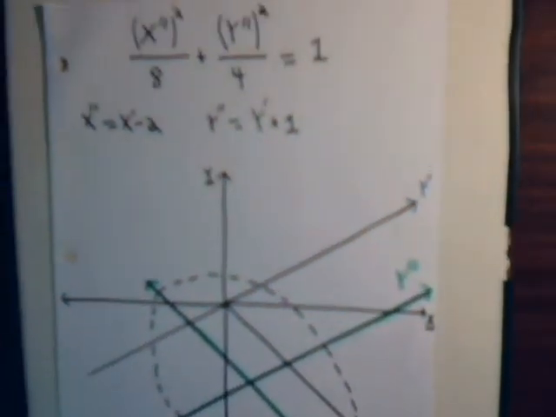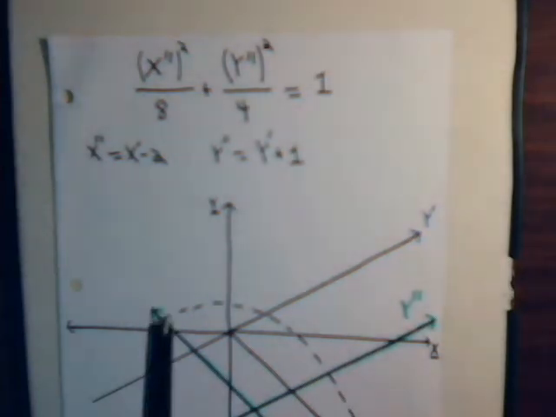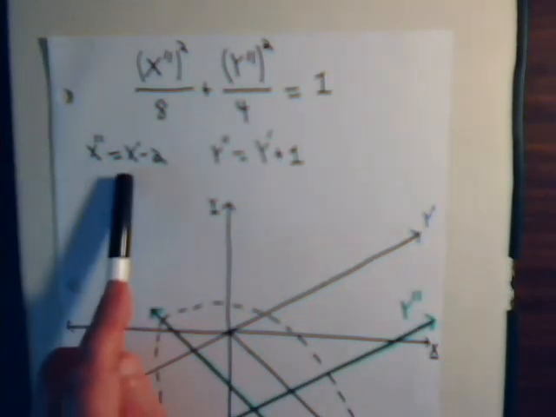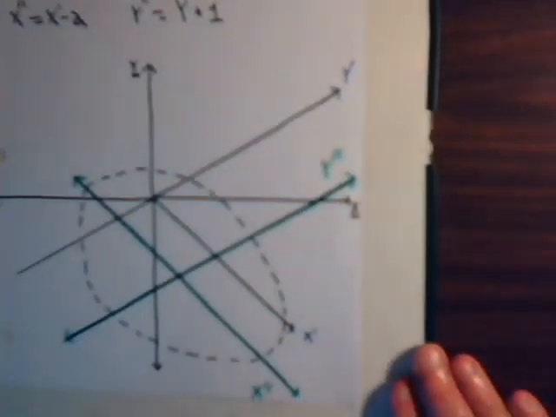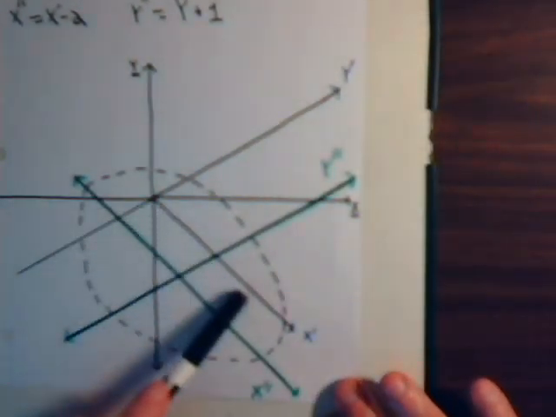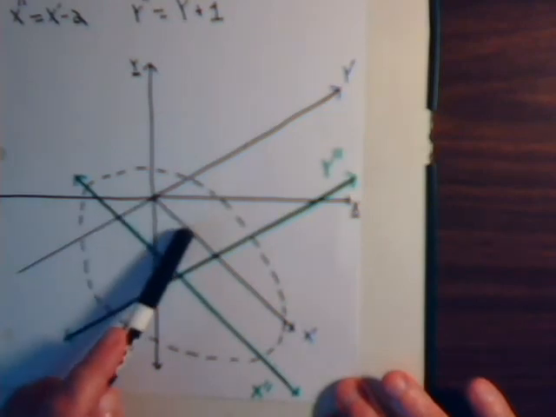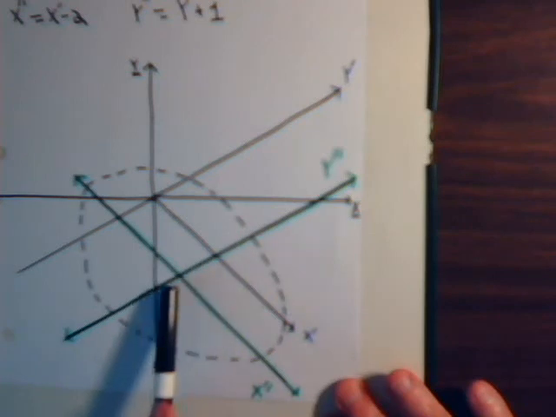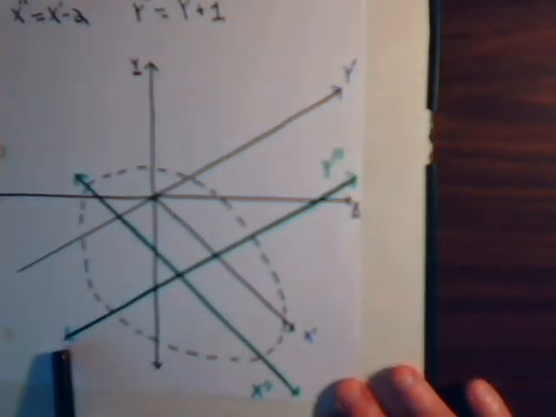Now, for the y double prime axis, when we're on that axis, this is always 0. And that will be 0 whenever x prime is equal to plus 2. So here's the x prime axis. We go a distance 1, go a distance 2, and right there then is the y double prime axis.